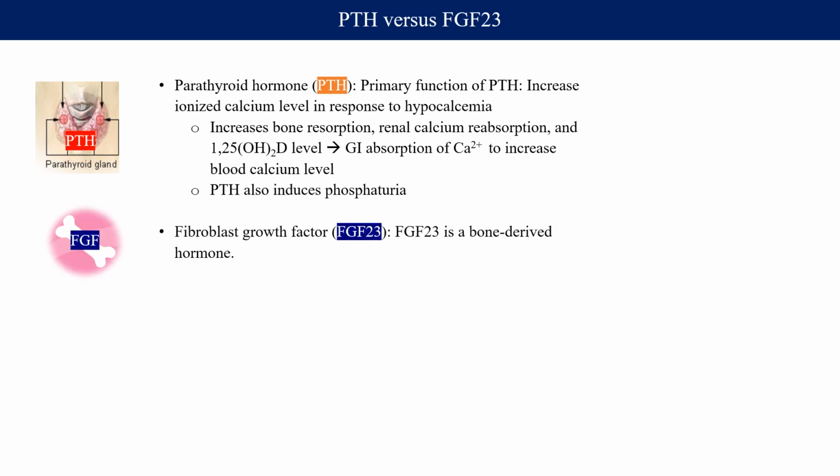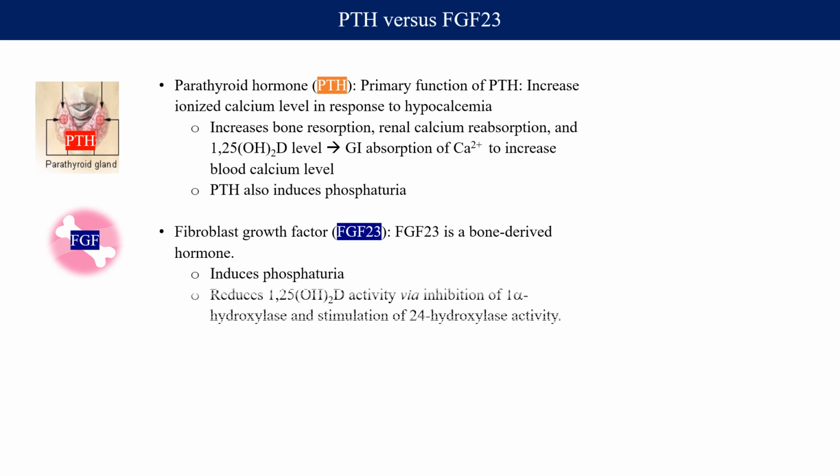FGF23 is a bone-derived hormone. Its major function is to induce phosphaturia. Unlike PTH, FGF23 acts to reduce 1,25D level. It does this by inhibiting 1-alpha hydroxylase, the enzyme that turns 25D to its active form 1,25D, while stimulating 24-hydroxylase, the enzyme that inactivates 1,25D.